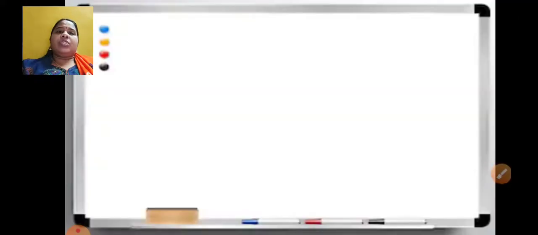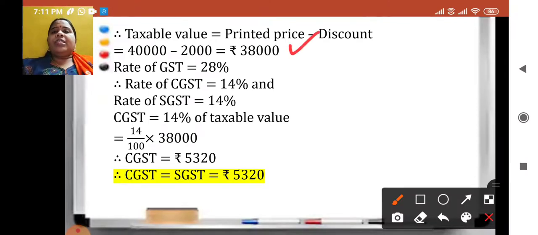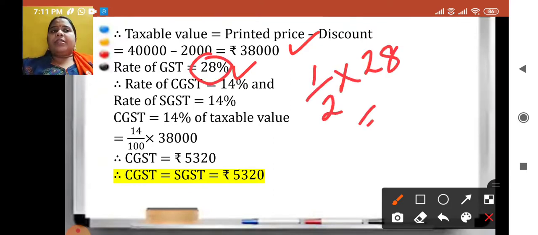Okay? So see the calculation. Taxable value will be printed price minus the discount, which is nothing but 38,000. I have already told you just now. Rate of GST, it's given, it's 28%. CGST is nothing but half of the rate of GST, so half of 28 is 14%. So 14% will be the rate of CGST, 14% will be the rate of SGST.